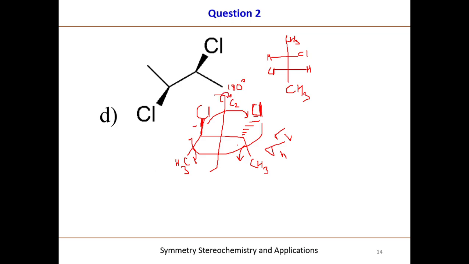So by passing the C2 axis, we will get an indistinguishable molecule compared to the starting one. Not identical but indistinguishable. That means the axis of rotation, C2 axis of symmetry, is present. Because only the symmetry axis is present and sigma planes are absent here, the molecule will become chiral.